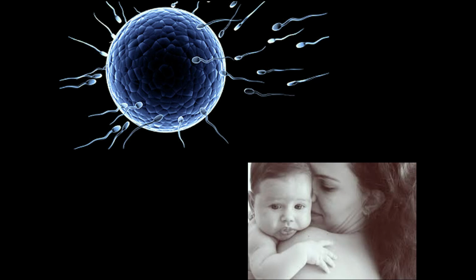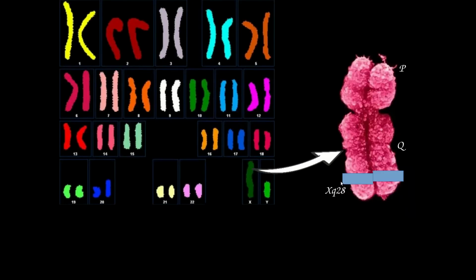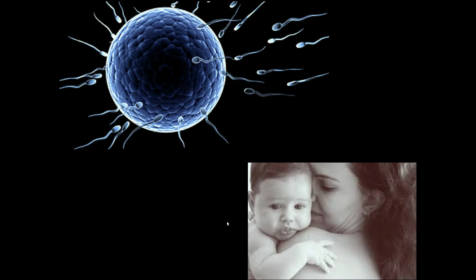Every X chromosome in a male came from the mother, because at the moment of conception and fertilization, the mom gave us our X chromosome, and the father gave us males our Y chromosome. So if it's true that the zone XQ28 predisposes us to homosexuality, it means that it is the genetics of our mother that predisposes us to be homosexual.